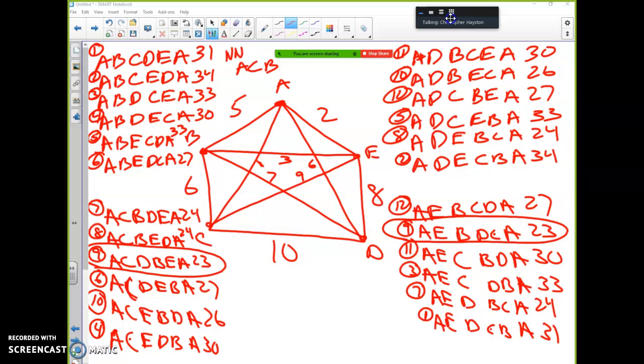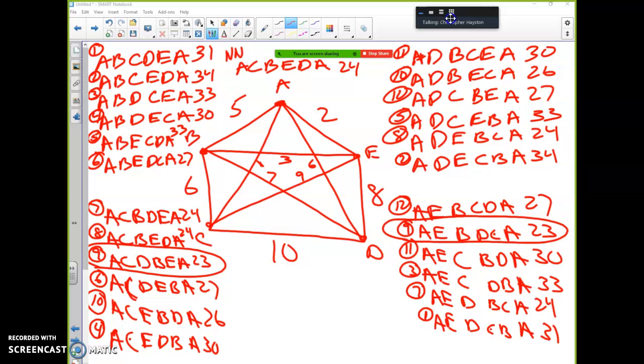It's either E or D. It's got to be E. And then I go D back to A. Okay? So if I add that one up, A, C, B, E, D, A. 1 and 6 is 7. 7 and 3 is 10. 10 and 8 is 18. And 18 and 6 is 24.